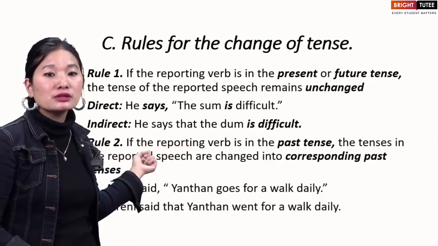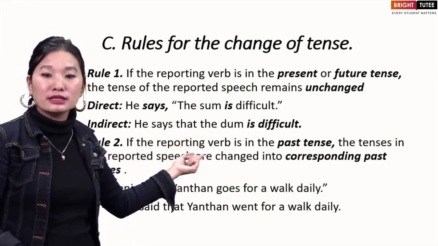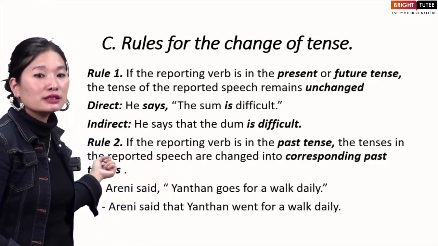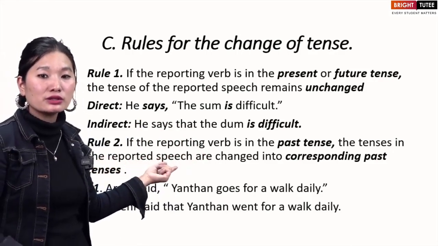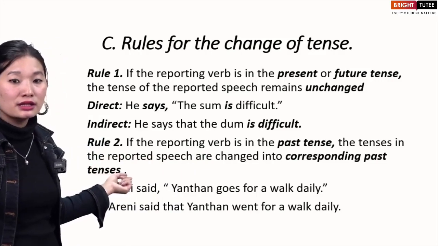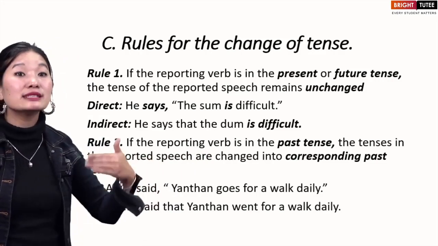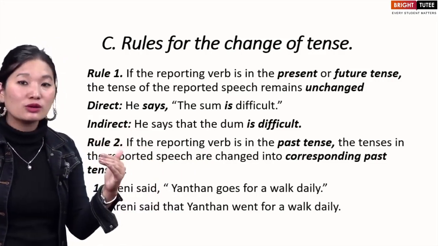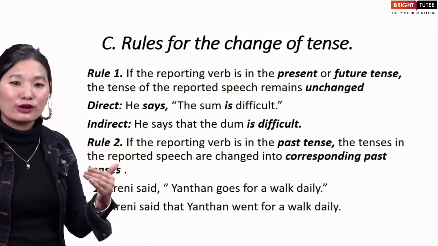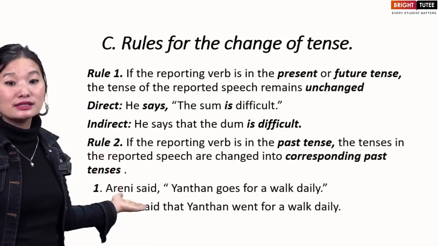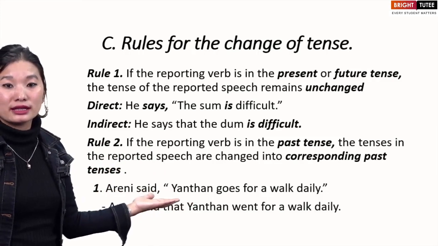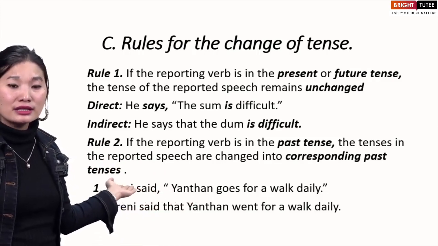And rule number 2: if the reporting verb is in the past tense, the tenses in the reported speech are changed into corresponding past tenses. If you do not know correspondence, it means the next tense. Let's take it that way because that is going to be easier for us to understand. Irene said, Yantan goes for a walk daily. Irene said, not says.